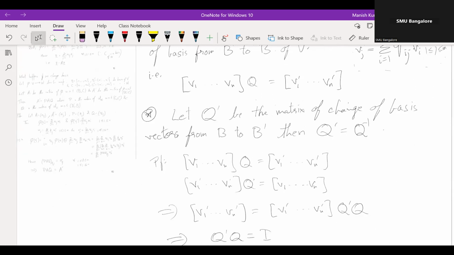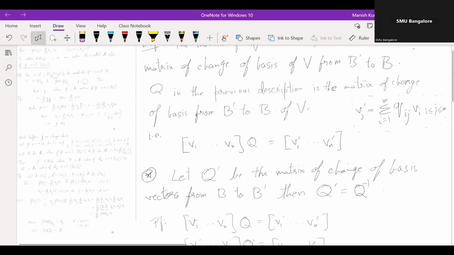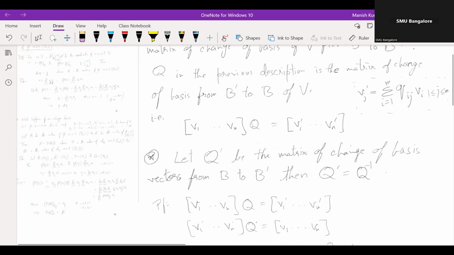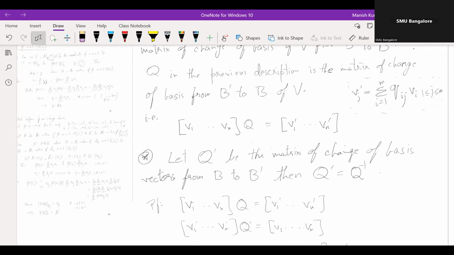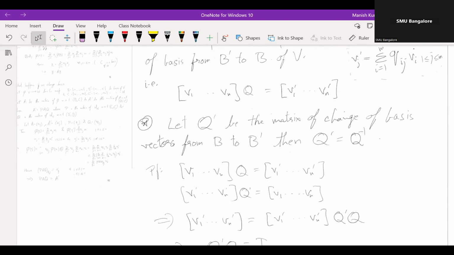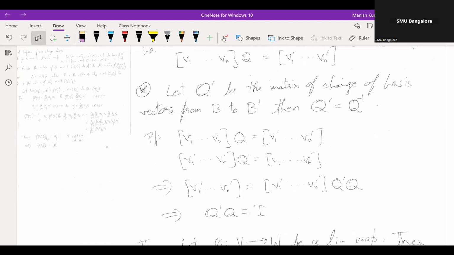And well, you can either use this formula to prove it, or you can use the symbolic thing to prove it. So remember, (V1 to Vn) times Q is V1 prime to Vn prime, because Q is the change of basis matrix from B prime to B, and Q prime is the change of basis matrix from B to B prime. So you interchange Vi and Vi prime and put Q prime here. So you have these two identities.